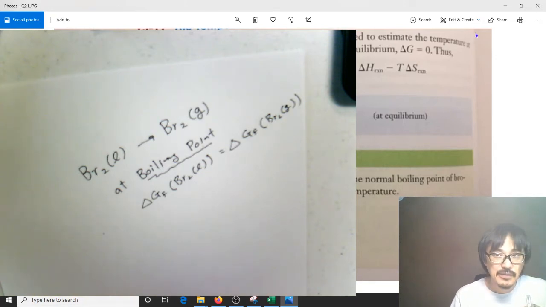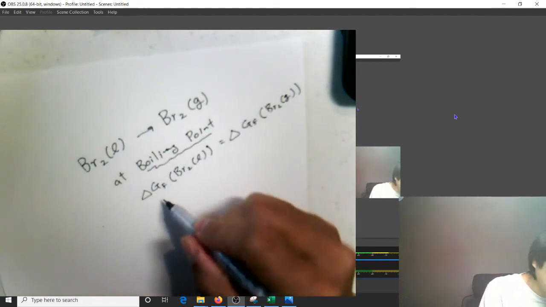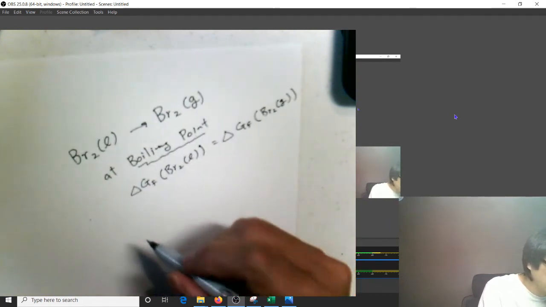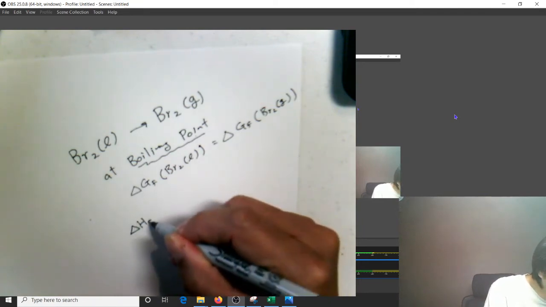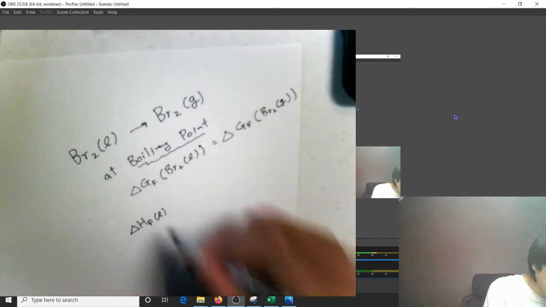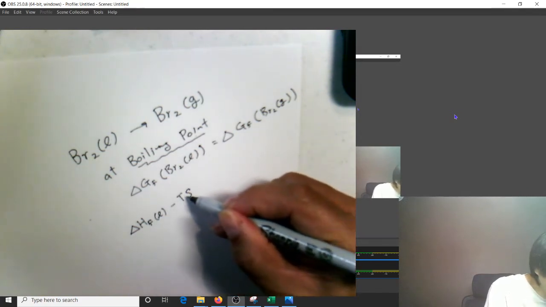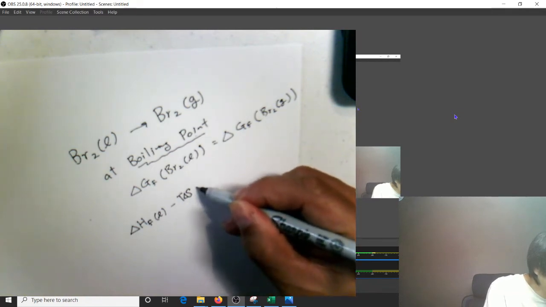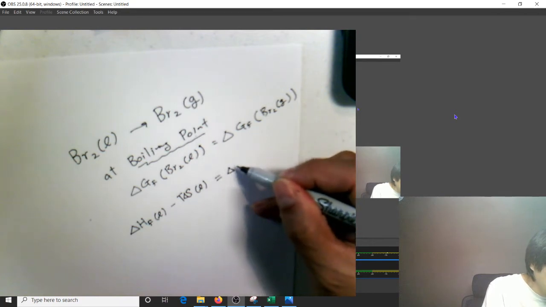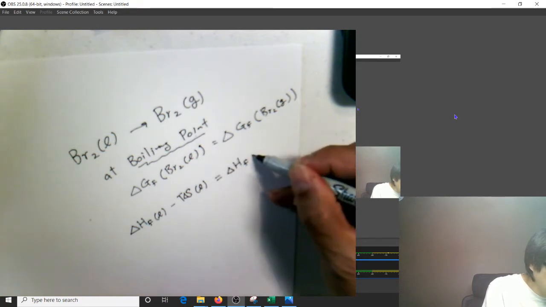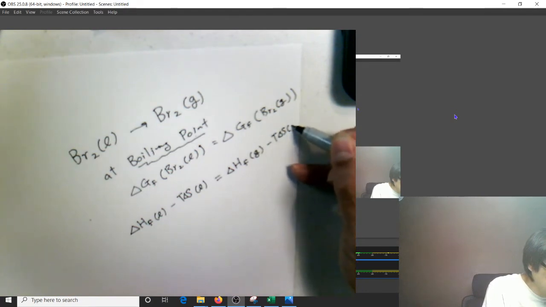So instead of having the delta G formula here, I am going to change it to delta H of formation of the liquid minus T delta S of the liquid, is equal to delta H of formation of the gas minus T delta S of the gas.